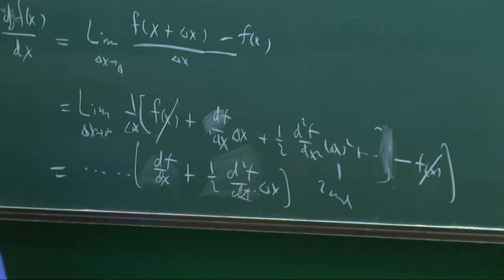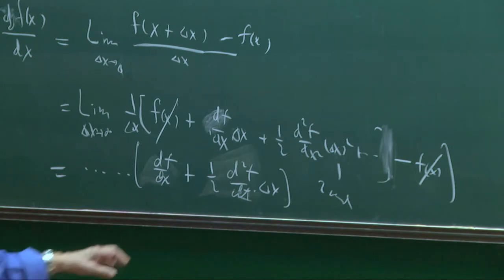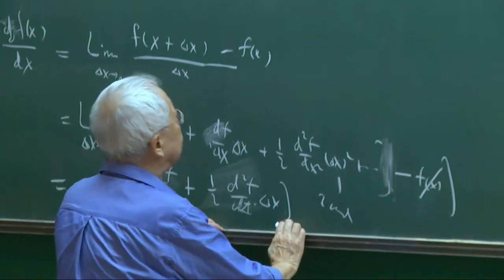And an appreciation of this is important because in physics you want to make approximations and you have to consider the order of magnitude of things. This is the most basic definition of order, first order, second order, and so forth. So this is the first point.